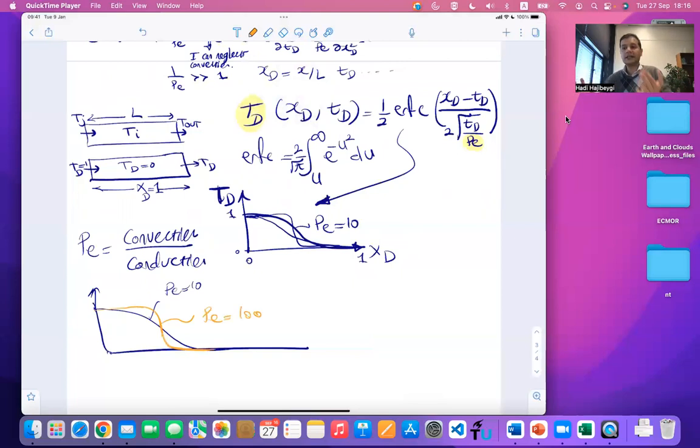You increase it, it will get sharper. You decrease Peclet number, it means convection is decreased over conduction. You get it smeared out more and more. I would like you, in the practical session, to plot that function and study the impact of Peclet number, how much convection conduction interplay exists, and how the temperature dimensionless over x dimensionless profile looks like.